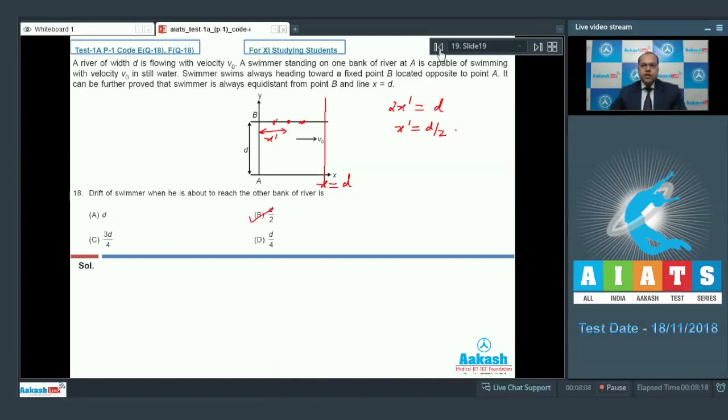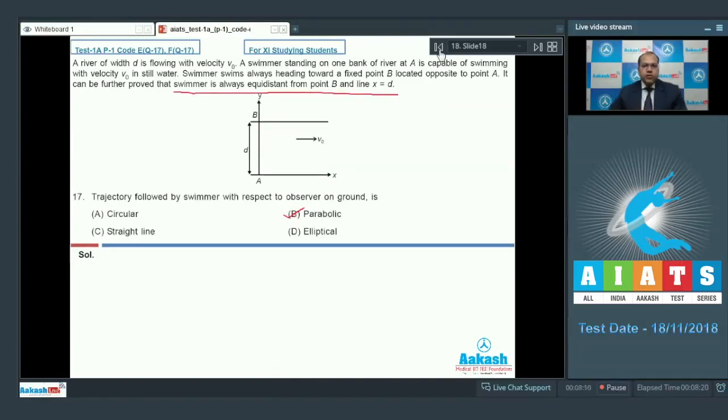Now the question is, if we want to calculate the equation of the trajectory on which the swimmer is moving with respect to the observer on the ground, then suppose B is my point of origin, this axis I have considered as my y-axis, and this axis as my x-axis.